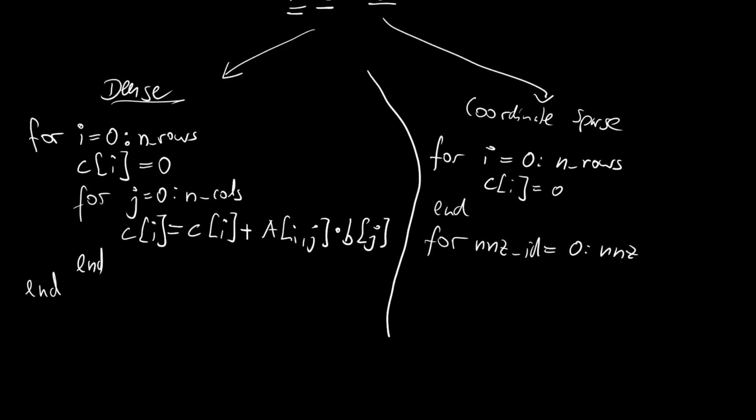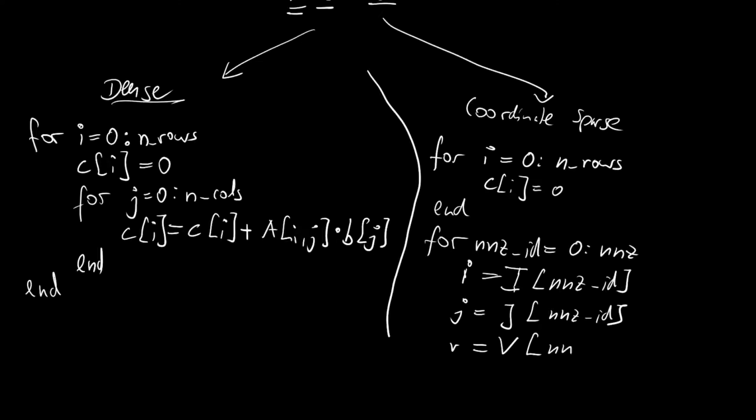Okay, then we can get back the I and J that we used here as iterator variables by accessing the I array at position nnsetId, the J array at nnsetId, and let's call this a small v, and this is the value array at the nnsetId.